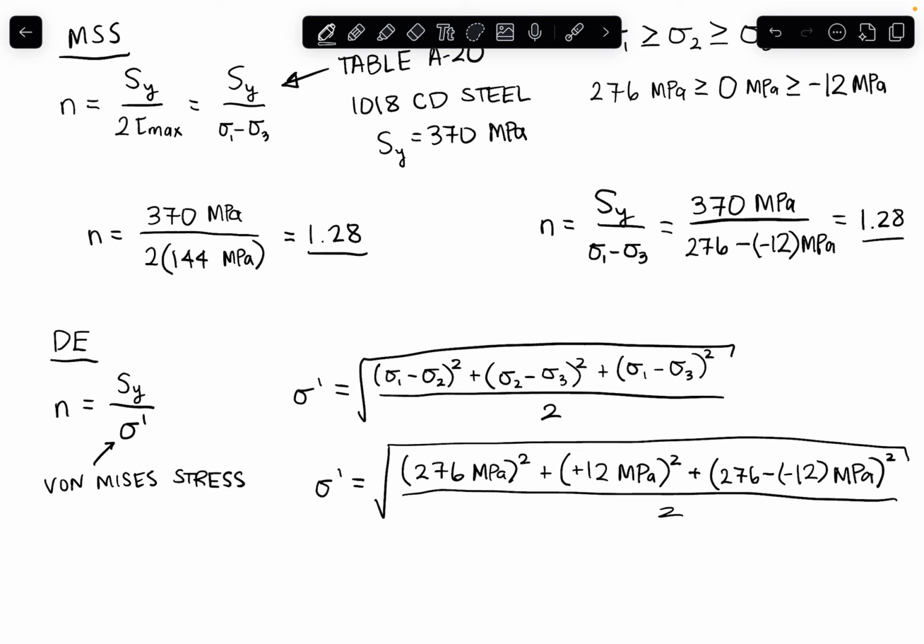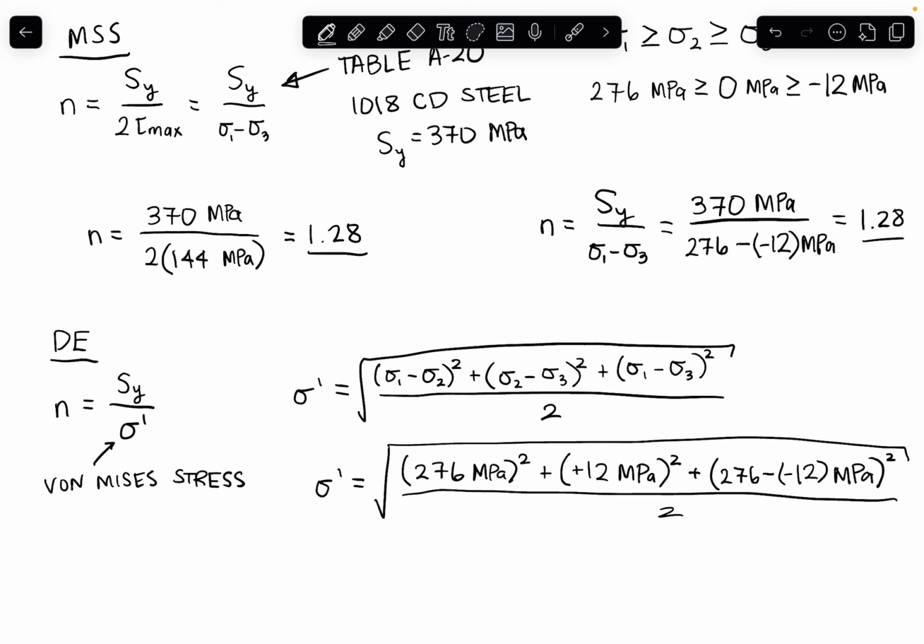So let me calculate that really quick. We've got 276 squared plus 12 squared plus 276 plus 12 squared.